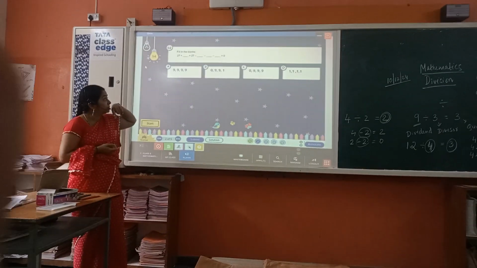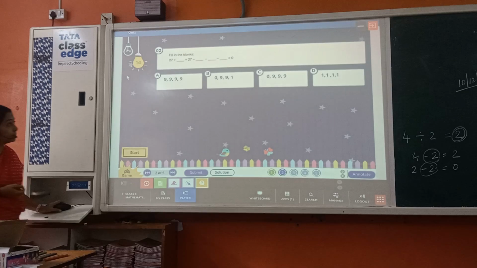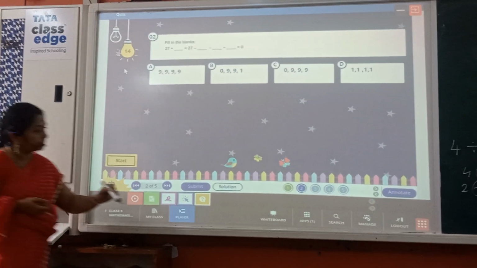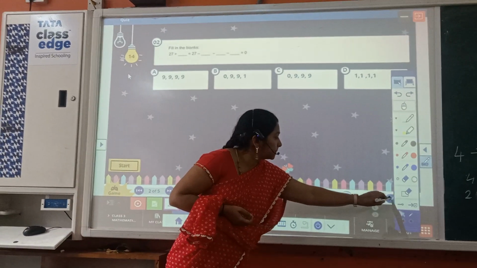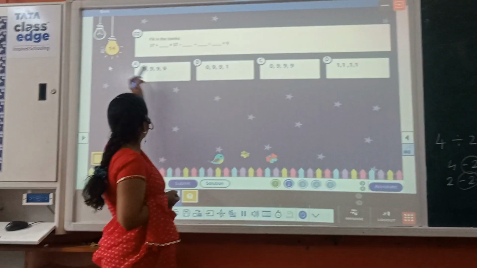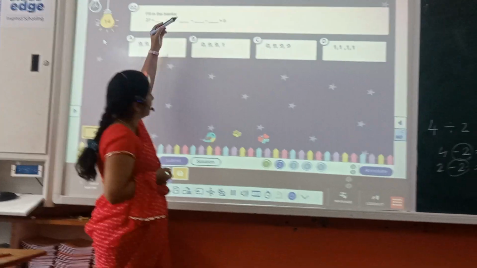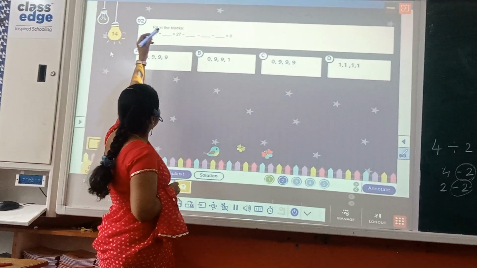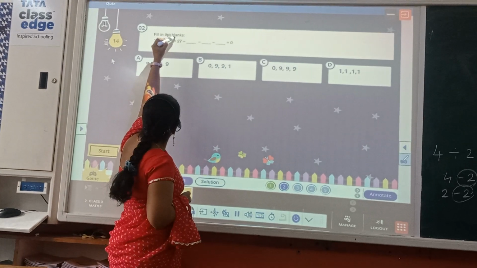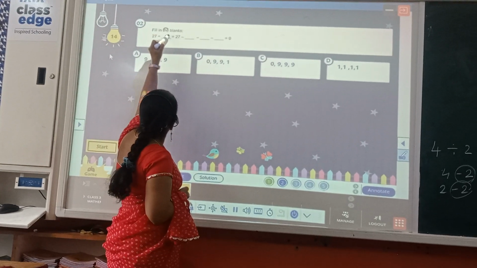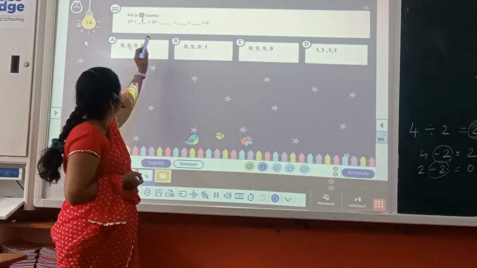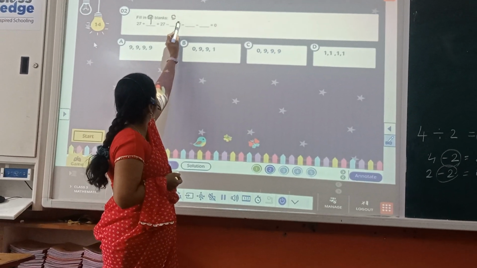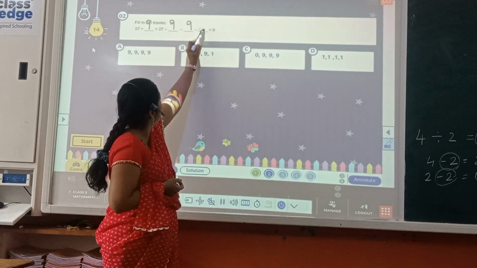Yes, Rahul. 27 divided by 10 is not there. 27 divided by 12 is not there either. 27 divided by 9. Okay, 27 minus 9 and minus 9.